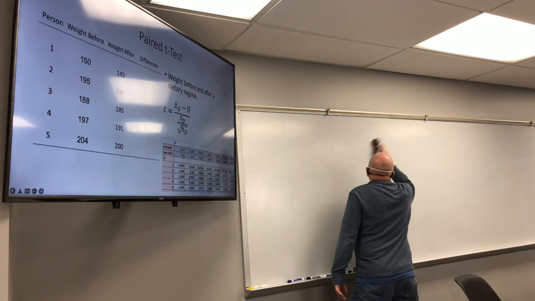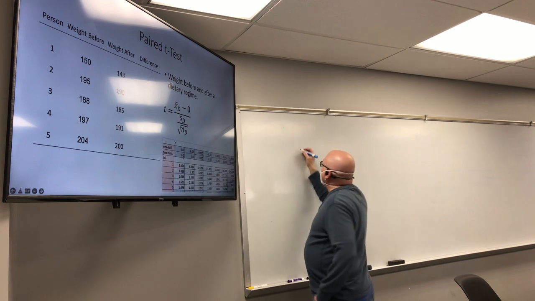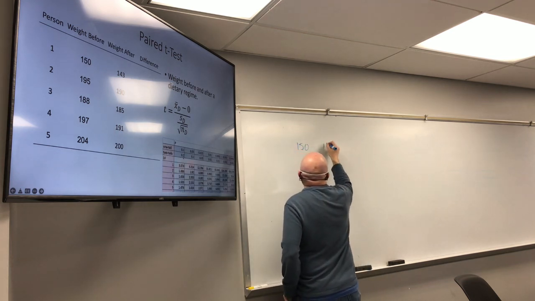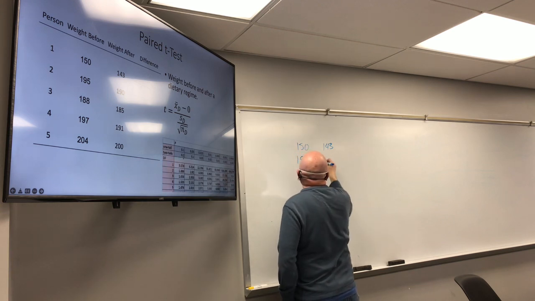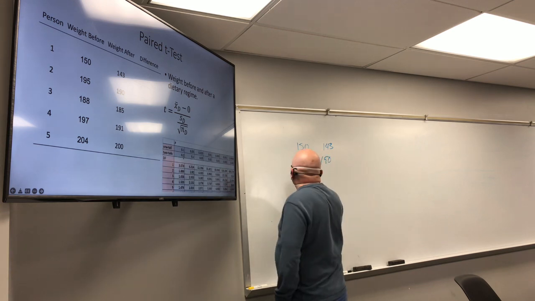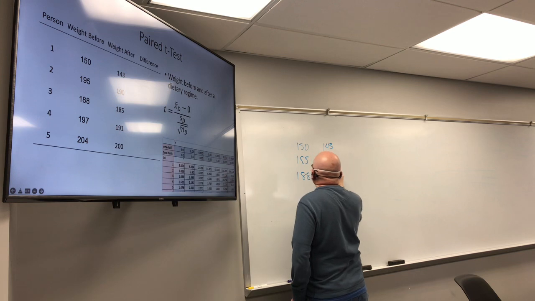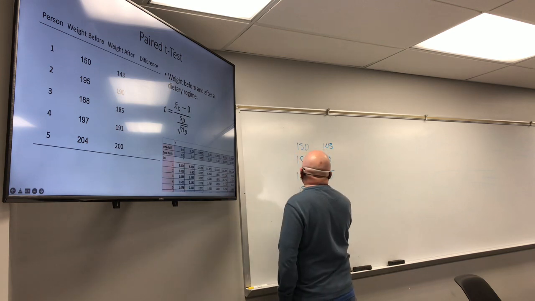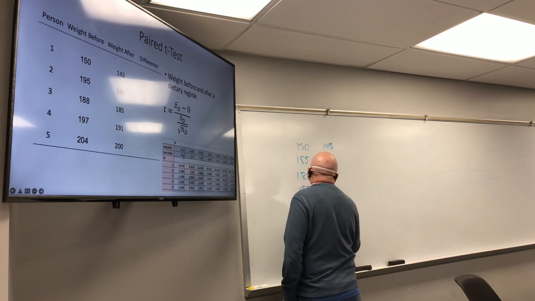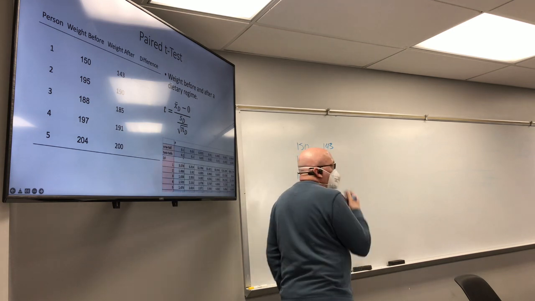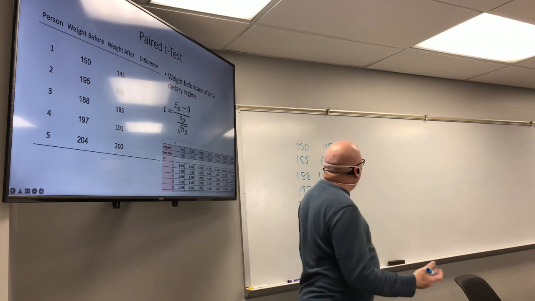So in this case, we have to do all the same calculations that we've done before. So we have 150, 143, we have 195 to 190, we have 188 to 185, 197 to 191, and 204 to 200. So what we're interested in is the amount of weight loss.